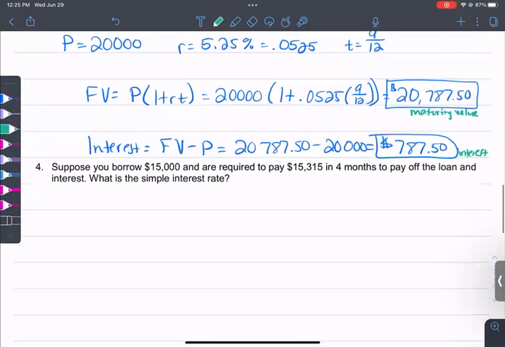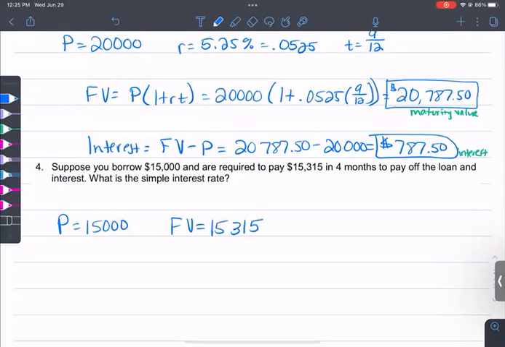Number 4, suppose you borrow $15,000, that's our principal, and are required to pay $15,315 in 4 months. So that's actually giving you the future value with a time of 4 months, so 4 divided by 12 to pay off a loan. We can use that information to calculate what our simple interest rate is.